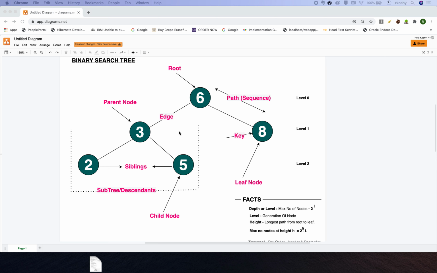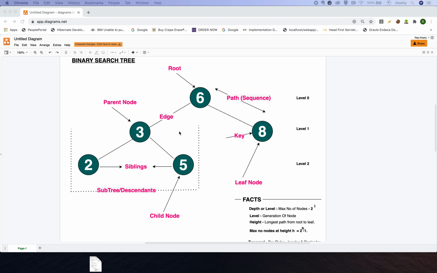You might have already heard about the shortest distance algorithm where we find the shortest distance between nodes. We will definitely see that algorithm later, but just remember a path is a sequence of nodes along with the edges, starting from the root to the leaf node.